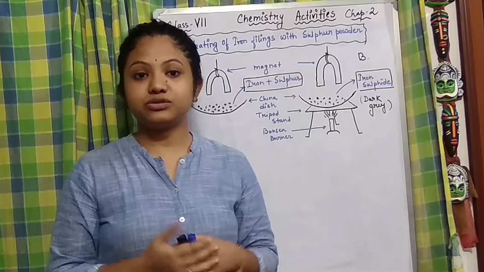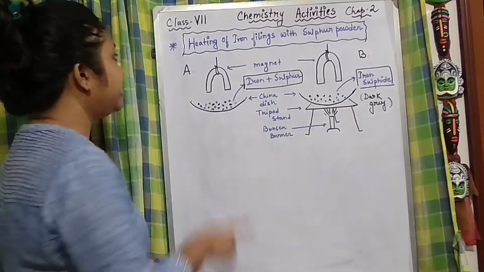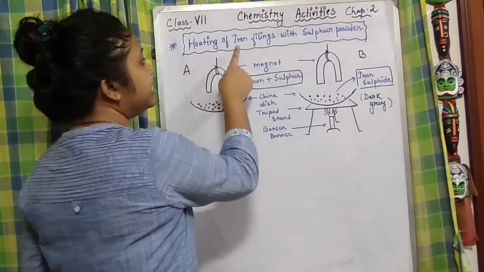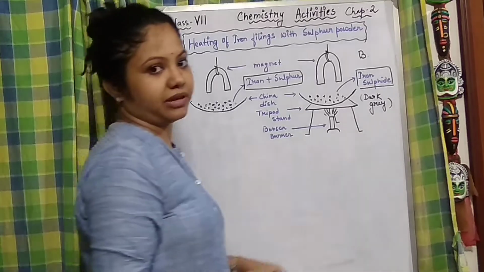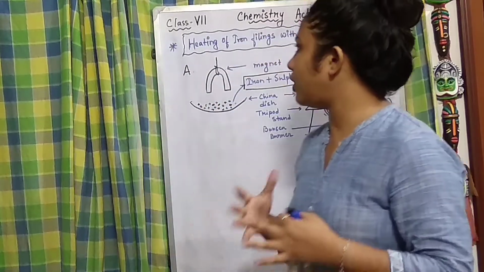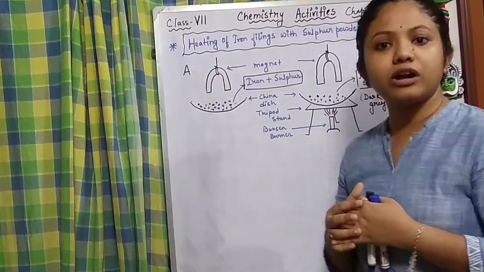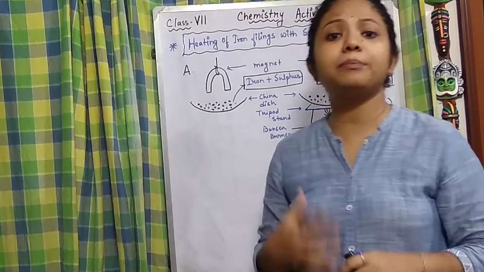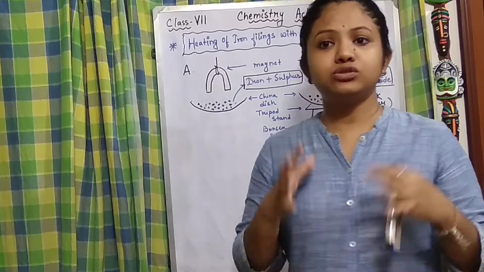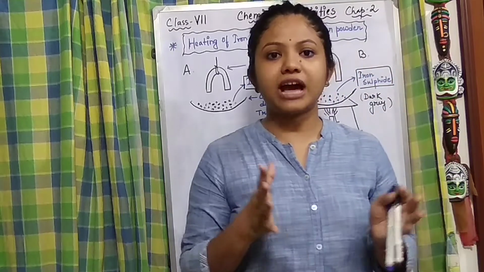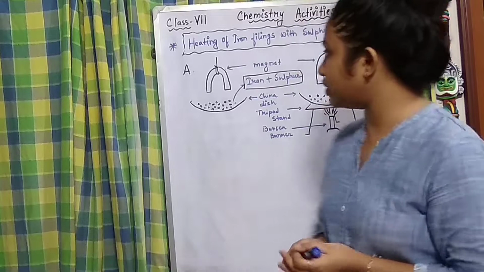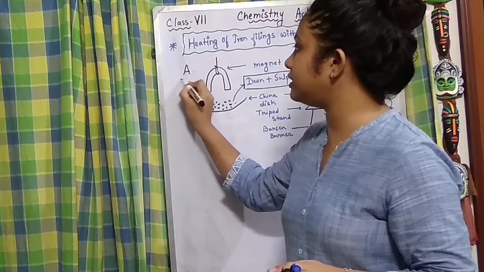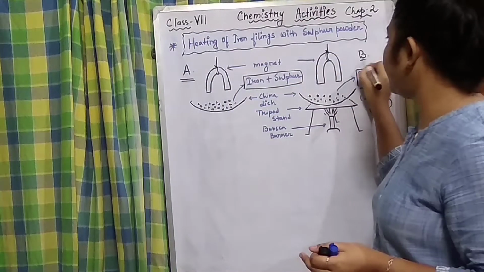Now coming to the next experiment, see here, when we are heating iron filings with sulfur powder, what will happen? Now how are we going to prove our point? How will we see? To set up this experiment, we have to set up two sets. So for that reason we have created two sets here.